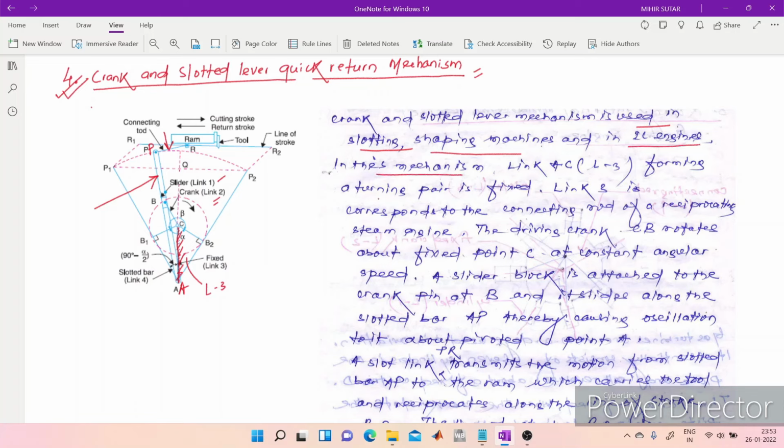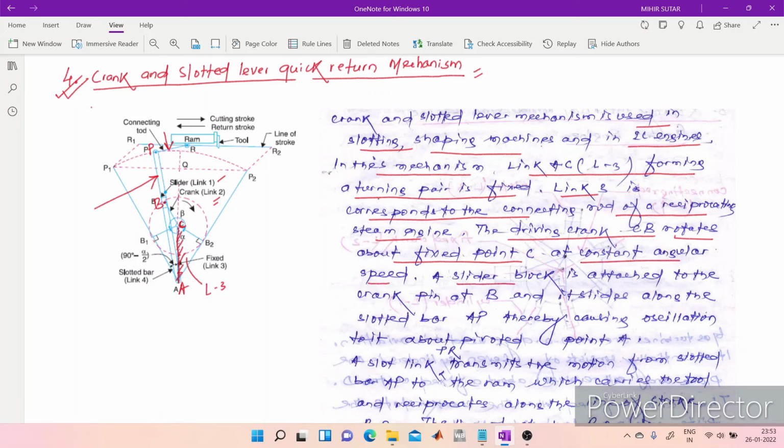In this mechanism, as I told, the link AC, that is link 3 forming a turning pair, is fixed, and link 3 corresponds to the connecting rod of the reciprocating steam engine. The driving crank CB, here you can see, this is C, this point is B, rotates about a fixed point C at constant angular speed.